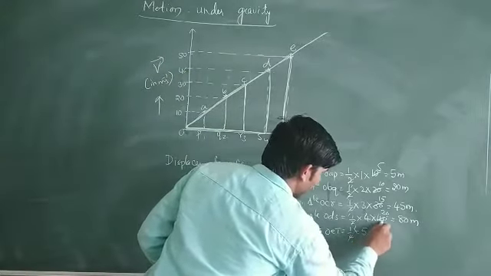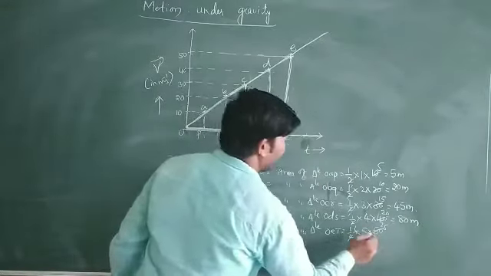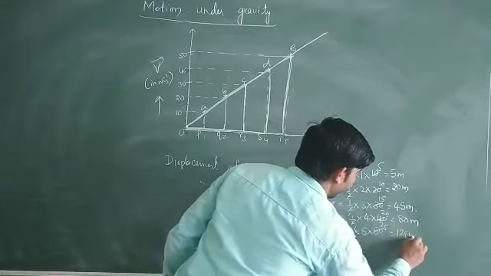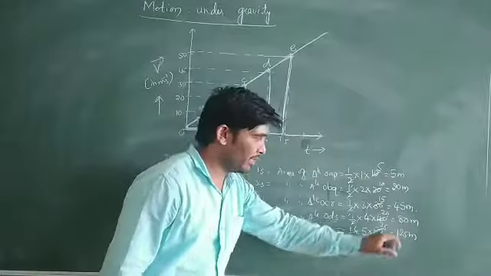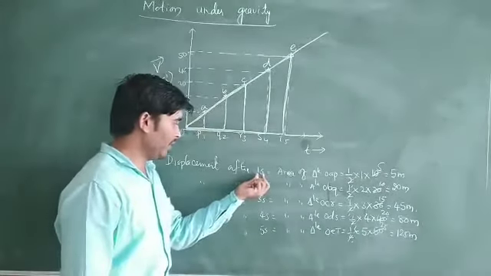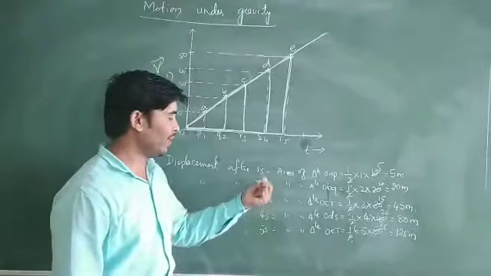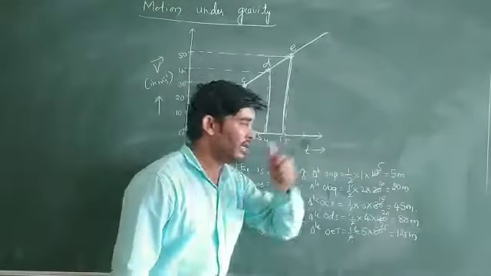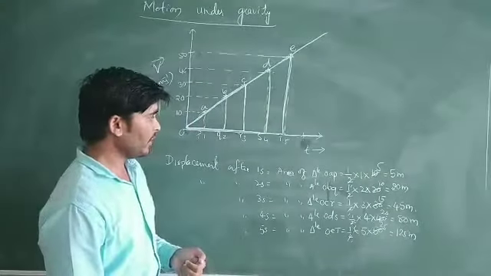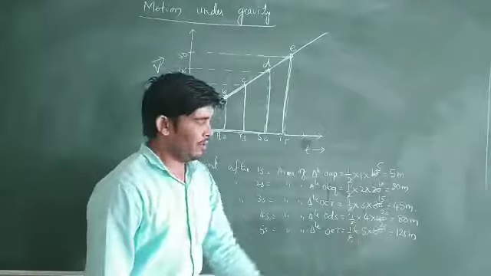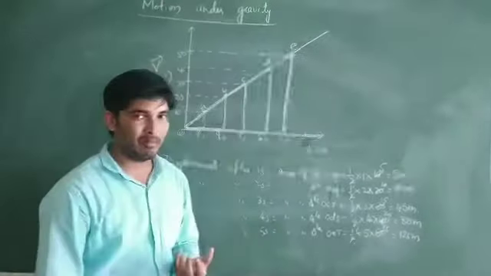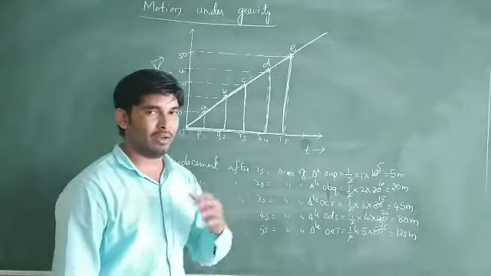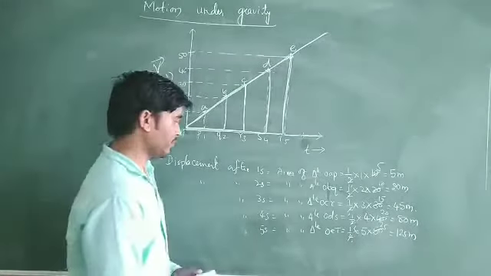So half of 50 is 25, and 25 into 5 is 125 meters. So these are the displacements covered by the body after each second. After 1 second, the displacement covered by the body is 5 meters. Now from these values we can draw the displacement-time graph at regular intervals of time.